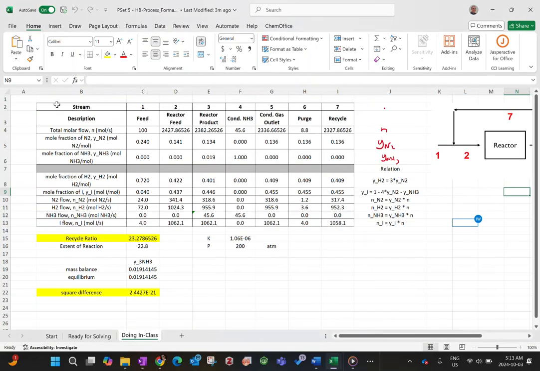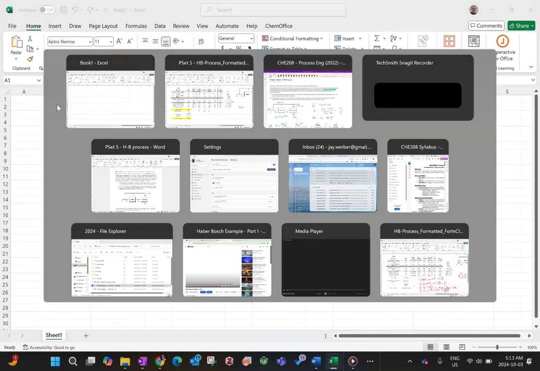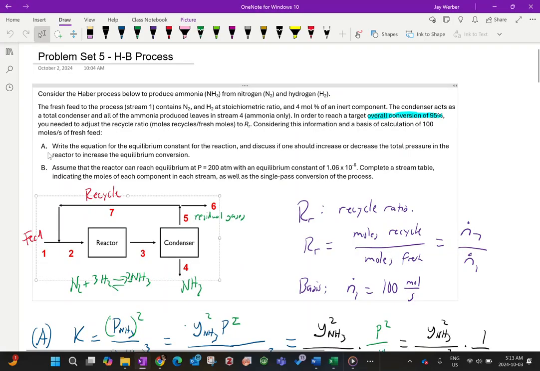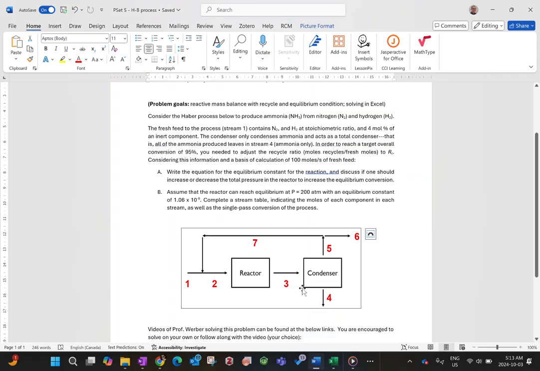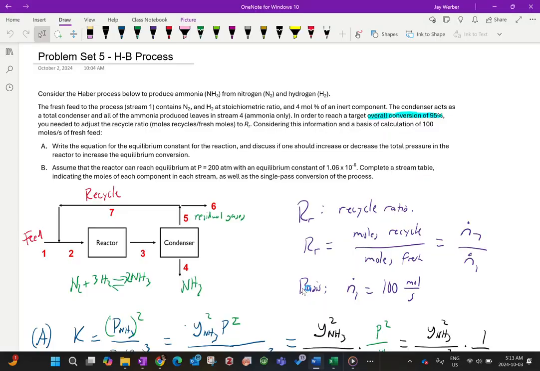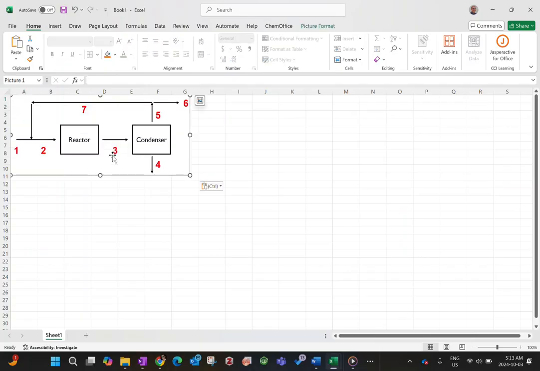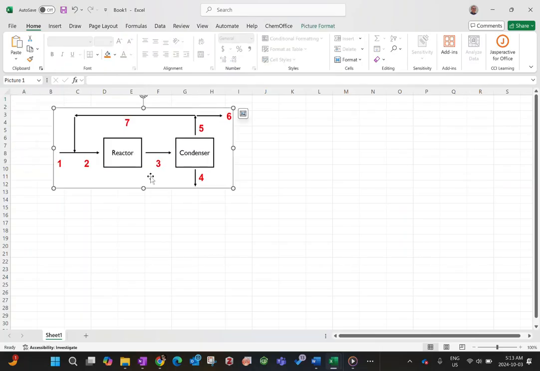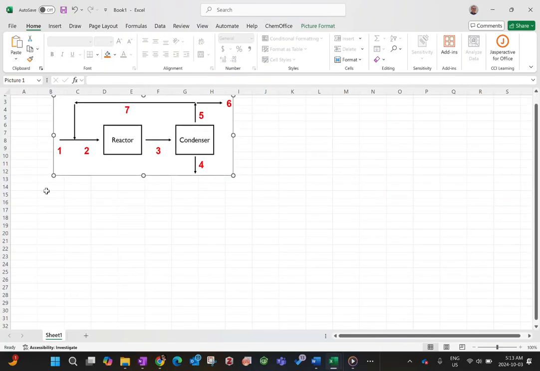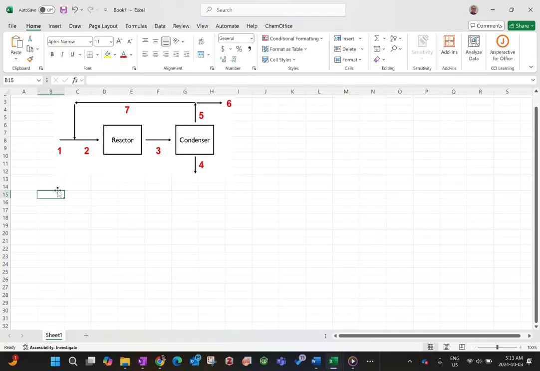I'm going to copy in the picture from the example that I did in class in 2022, just so we're very clear as to what the different streams are. Okay, so let's set up our file now.